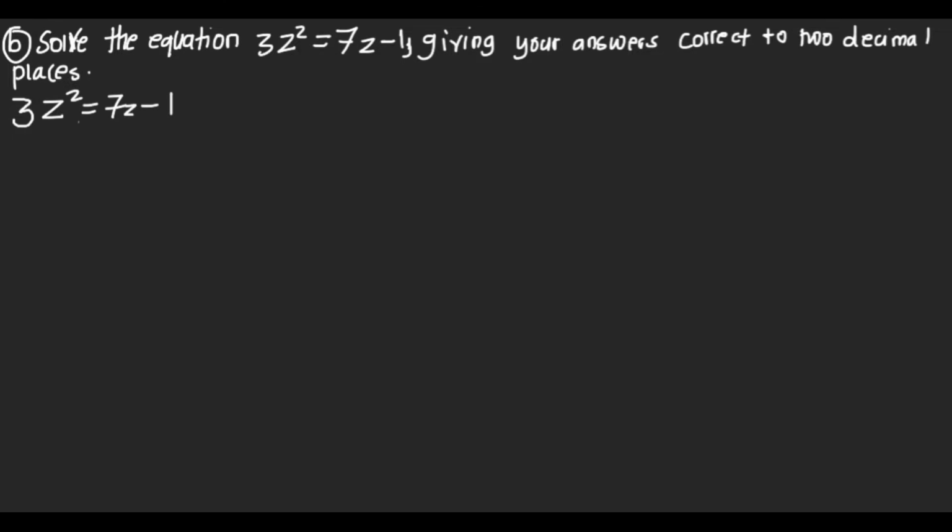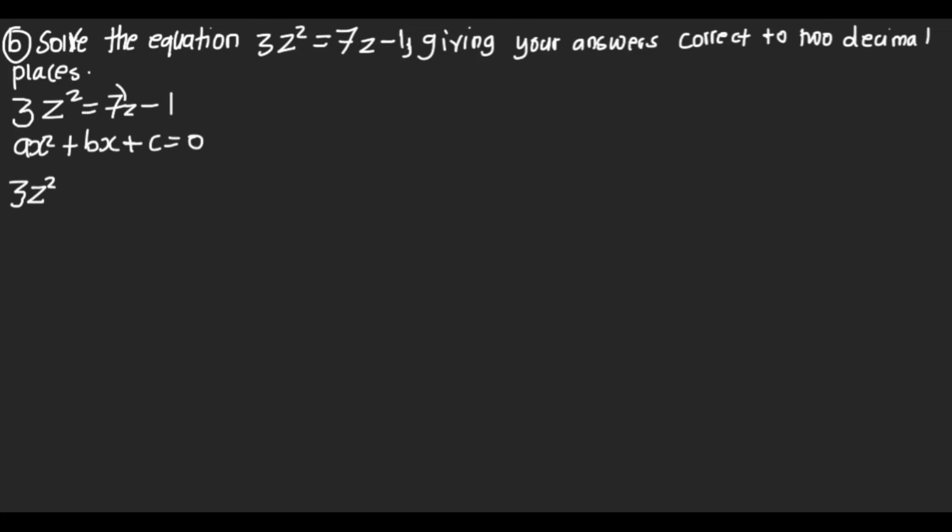Now, before you solve any quadratic equation, first it has to be in standard form. So the standard form is ax squared plus bx plus c is equal to 0. So the point is, you begin with the one with the squared. So we have our 3z squared.